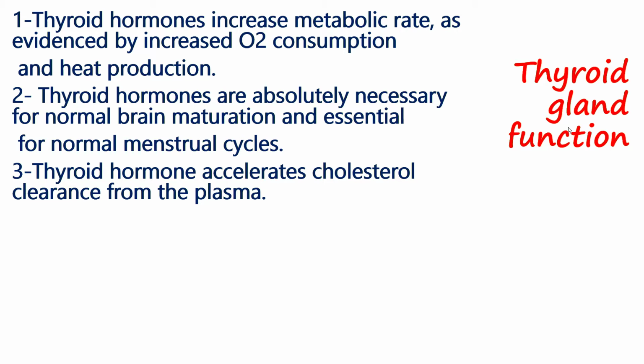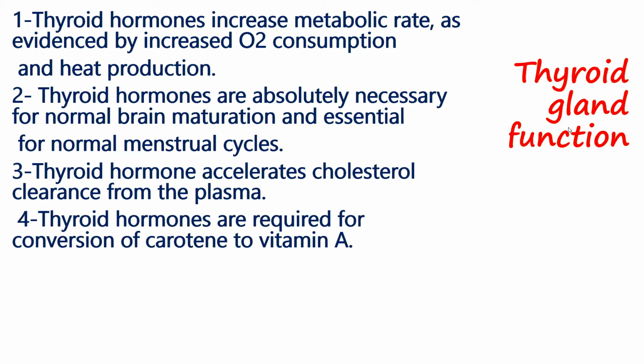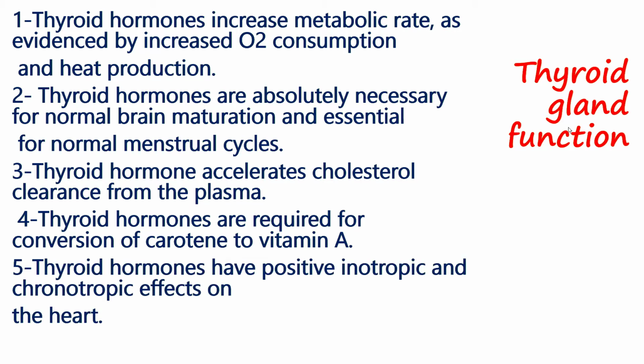Thyroid hormones are also required for conversion of carotene to vitamin A. And the last thing, thyroid hormones increase the heart rate and the cardiac contractility, what we call the positive inotropic and chronotropic effect. All these effects of the thyroid hormones will be noticed in their opposite as symptoms of hypothyroidism later on.